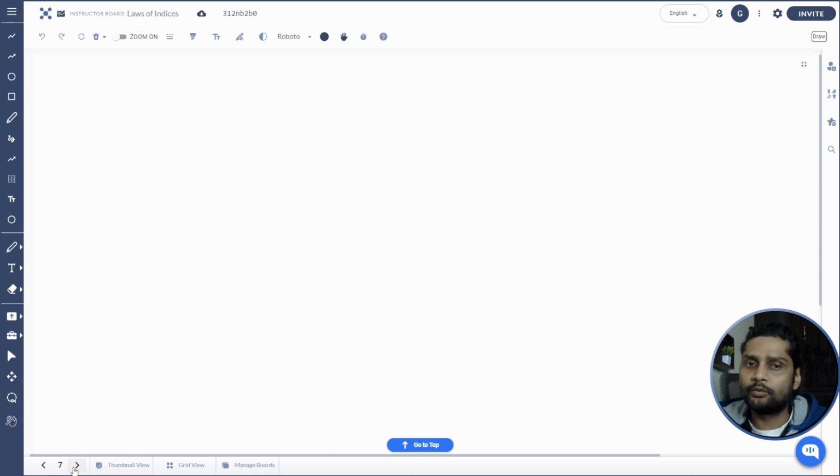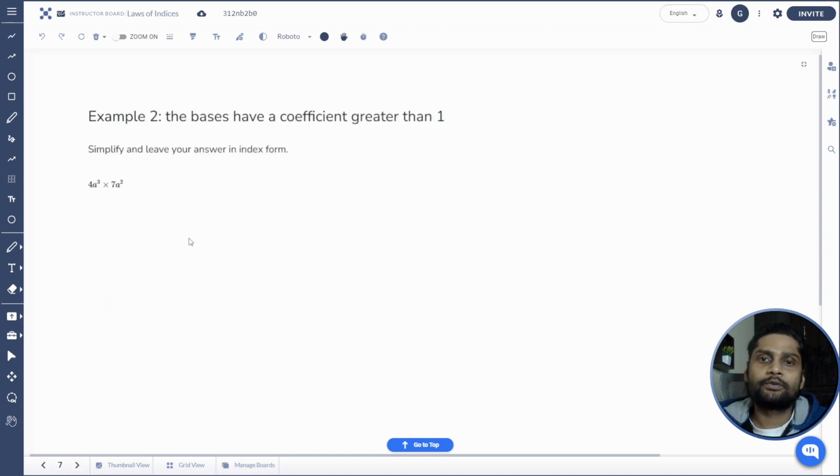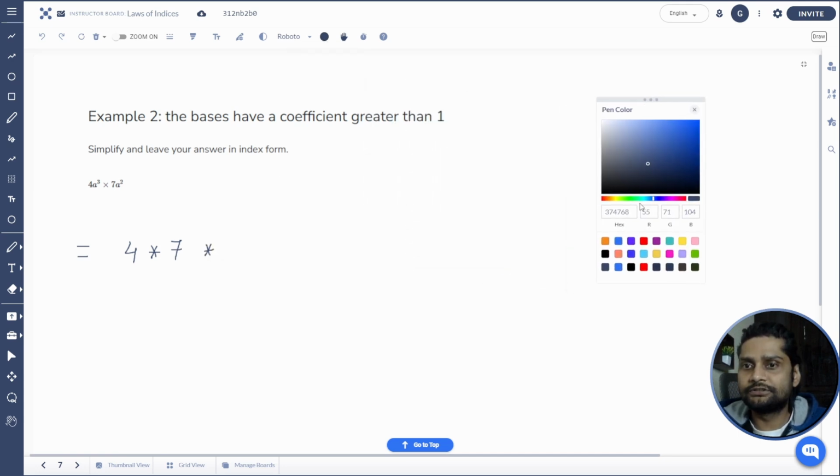But in certain situations you might get terms together with some coefficients which are other than 1. So no problem, do one thing, keep the coefficients aside. We can multiply coefficient by coefficient, and we can now keep the algebraic term, meaning the variable term, together. Meaning a raised to the power of 3 can be written together with a raised to the power of 2.